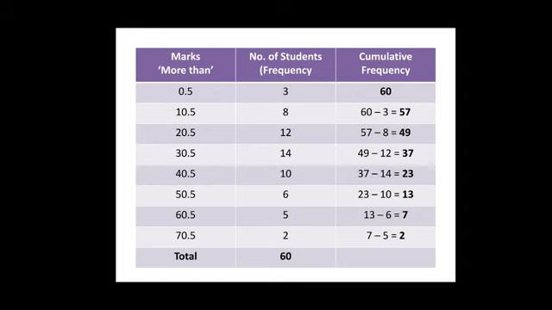Thus 57 minus 8 is equal to 49. Thus 49 is the cumulative frequency of third class. In the same way, we can calculate the cumulative frequencies for the rest of classes as shown in the third column of this table. Students, another method to calculate the cumulative frequencies from frequencies in case of more than method is to cumulate or add up the frequencies from below.